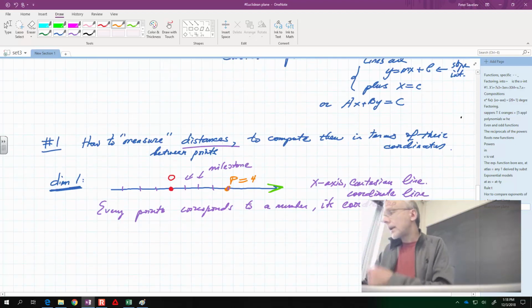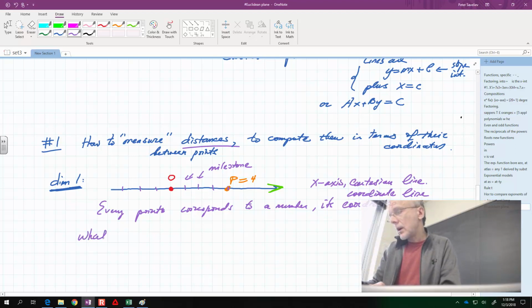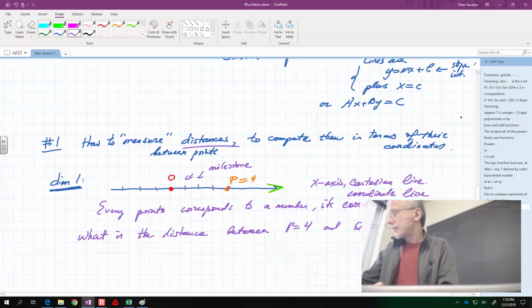So with that understanding, what is the distance between P equal to 4 and, say, Q equal to 6?